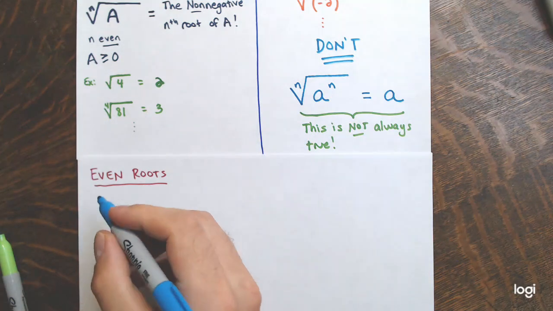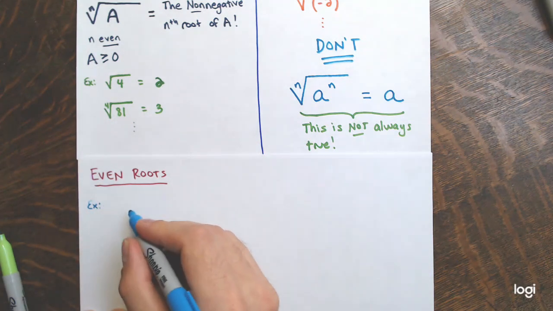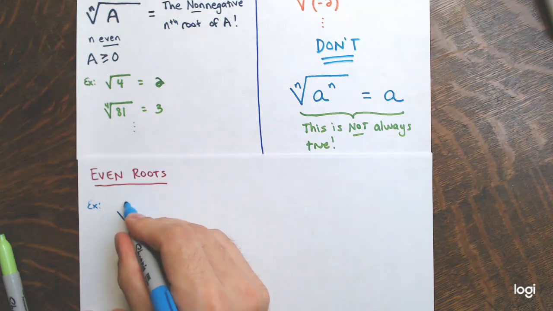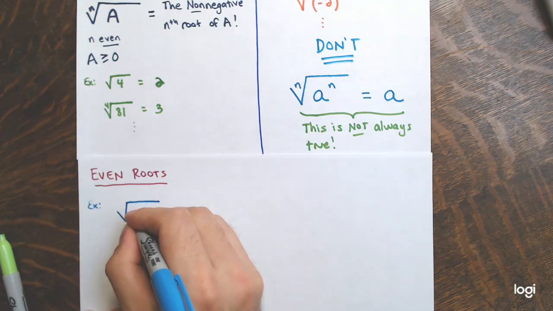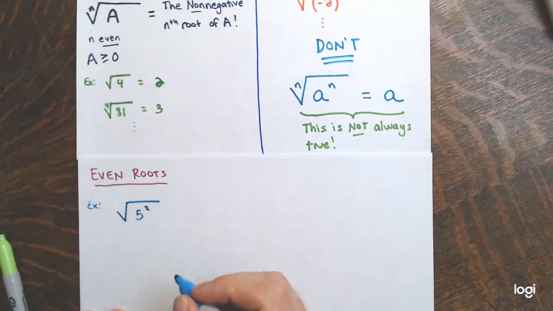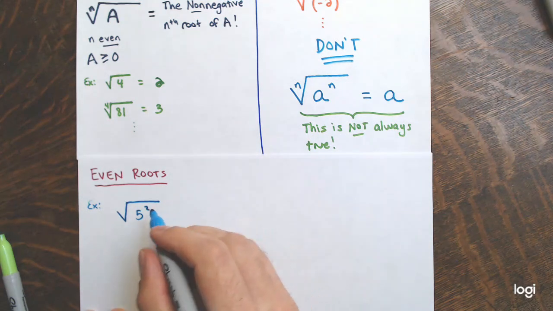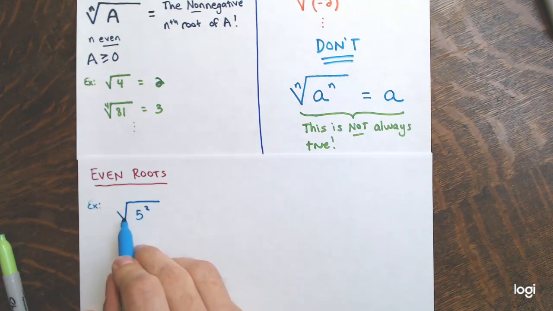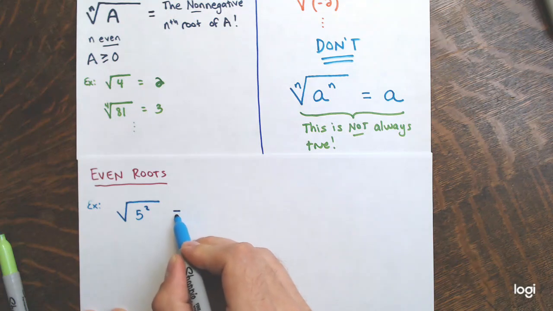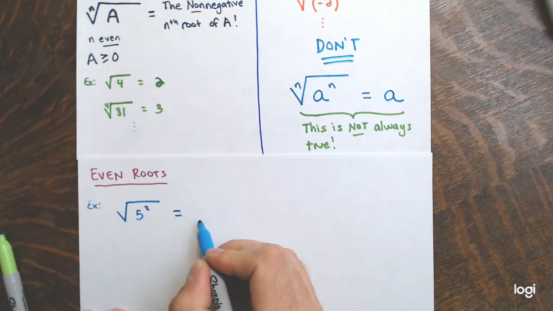For example, what's the square root of 5 squared? Well, remember, when you see this symbol, your resulting number is going to be a non-negative number, not negative, right?